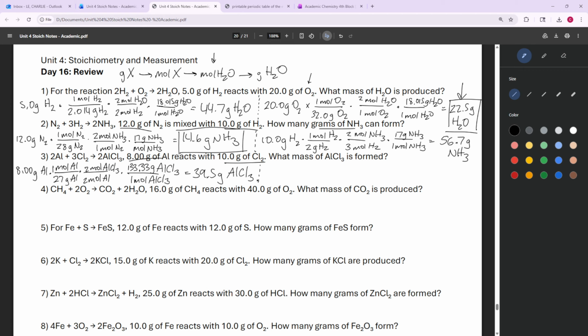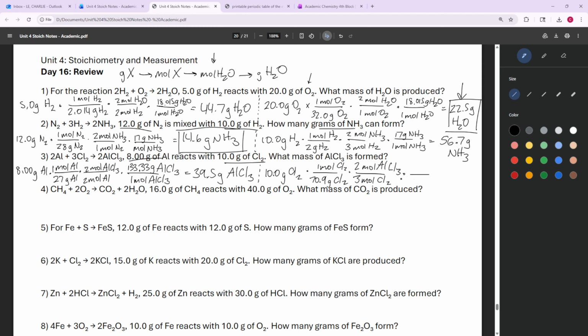From aluminum, if we take a look at chlorine, we have 10.0 grams of chlorine times. All right, so for every 70.9 grams of chlorine, we have a mole of chlorine. Then it's a 3 to 2 ratio, 3 moles of chlorine for every 2 moles of aluminum chloride.